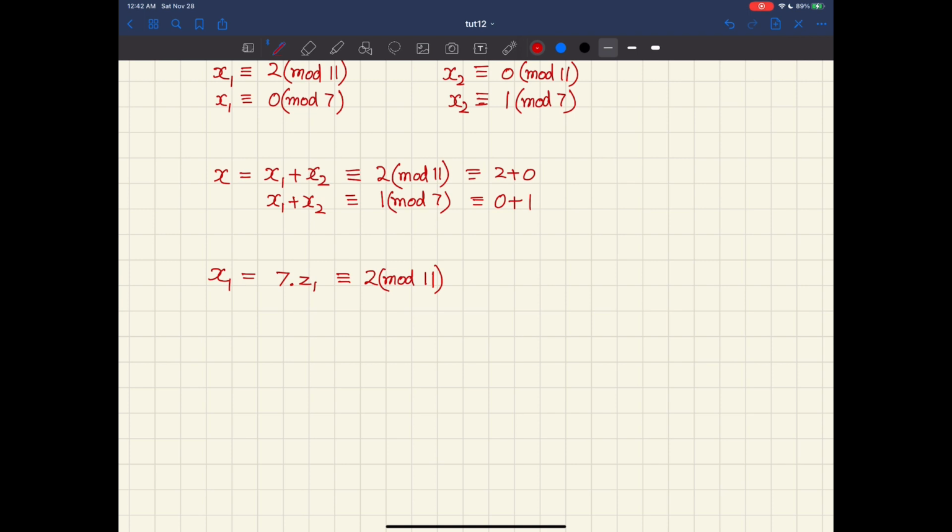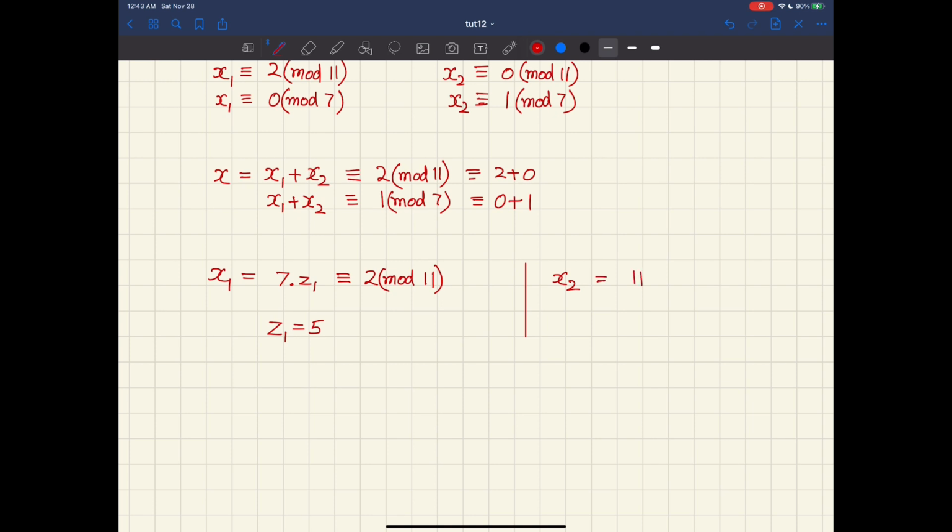So we'll just do a hit and try here. We'll put z1 as 1, doesn't give us an answer, z1 as 2, and so on, until we hit z1 equals 5. So 7 times 5 is 35, and mod 11 would give us the remainder 2.